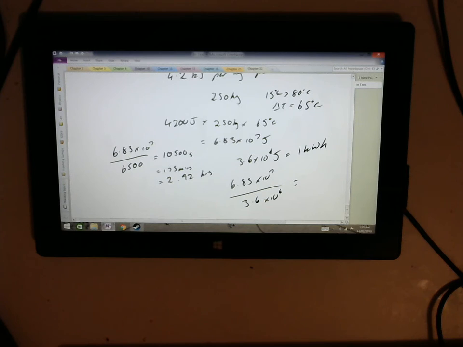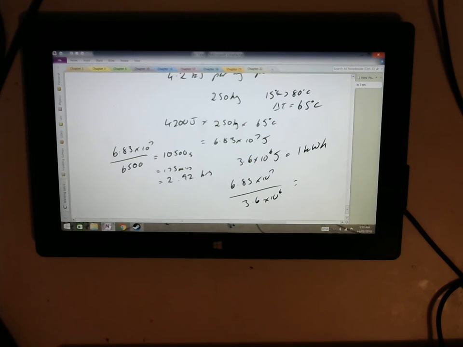Let's clear that. 6.83 exponential 7 divided by 3.6 exponential 6 equals. Why is it giving me such a small number? That shouldn't be anywhere near that.